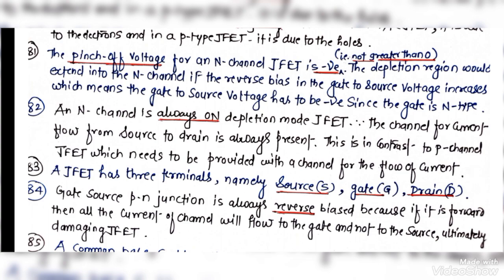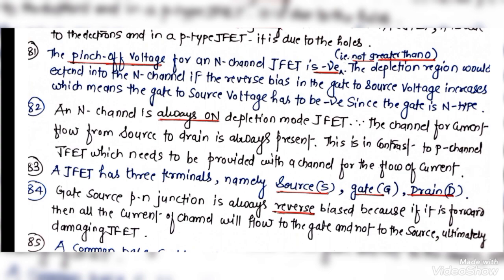An N channel is always an on, depletion mode JFET, since the channel for current flow from source to drain is always present. This is in contrast to P channel JFET, which needs to be provided with a channel for the flow of current.